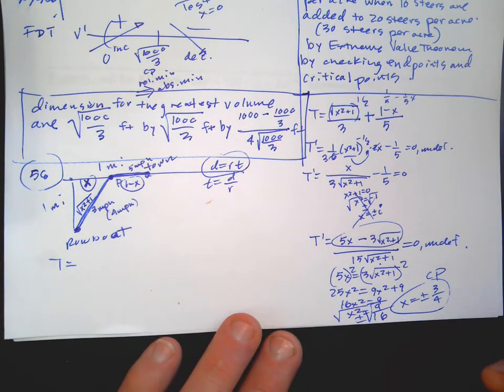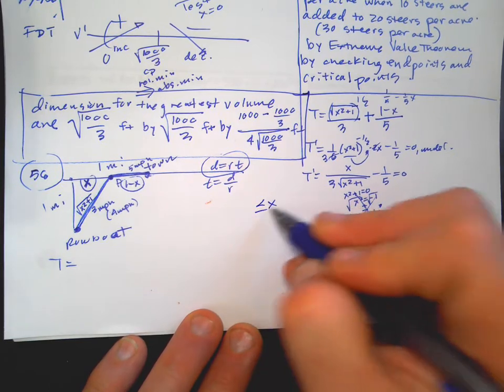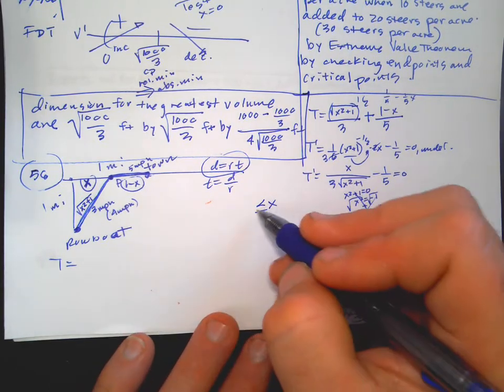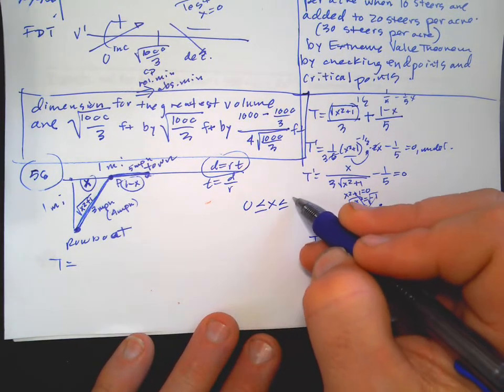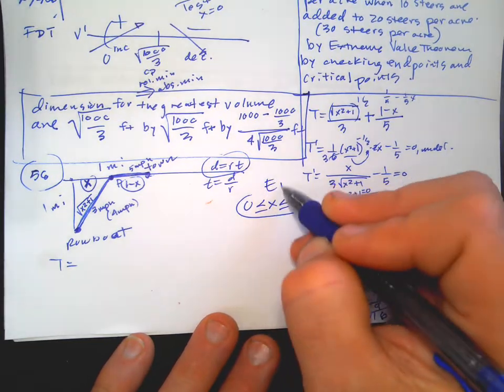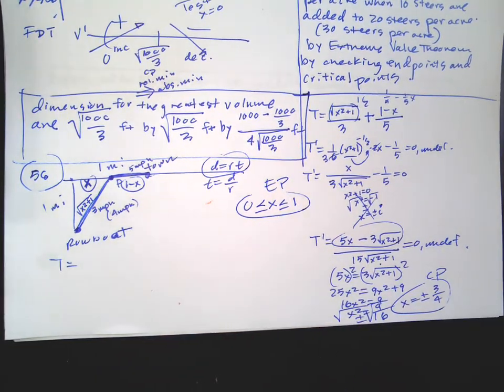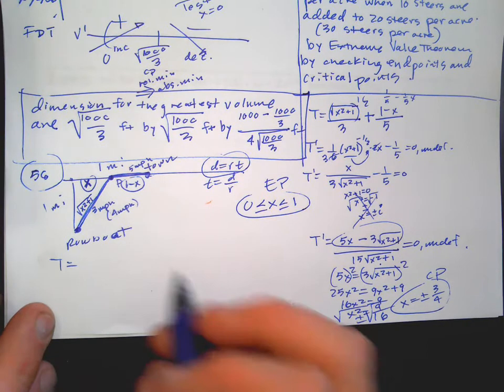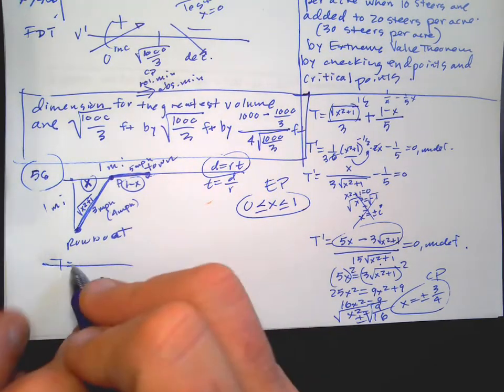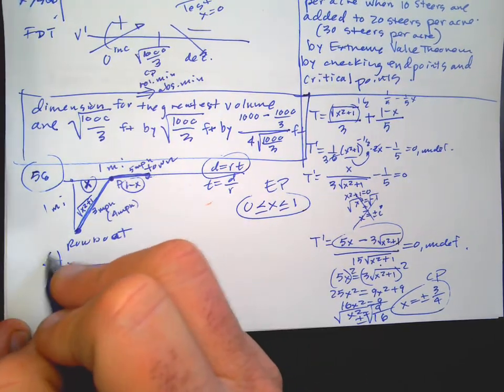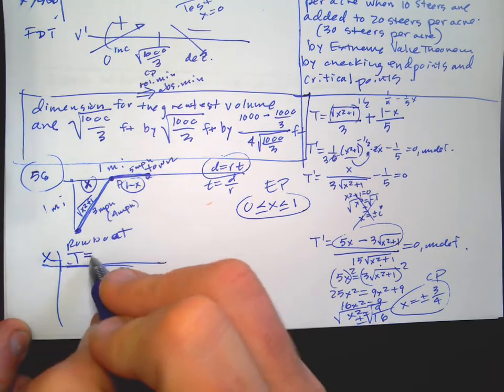Now, endpoints: what's the smallest x could be? x could be 0, and x could go all the way to 1. So these are your endpoints. Then you make a table and put an x in and the time.